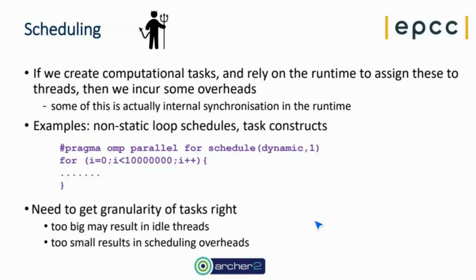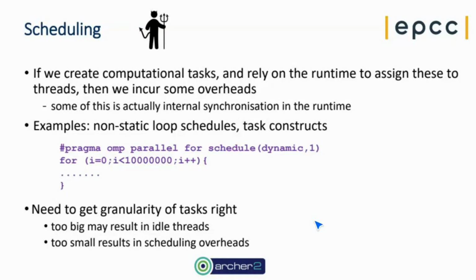The message really here is that we need to get the granularity of the tasks right. If we have too few very large tasks, then we will likely end up in a situation where we have idle threads, because there isn't enough parallelism available to balance the load.